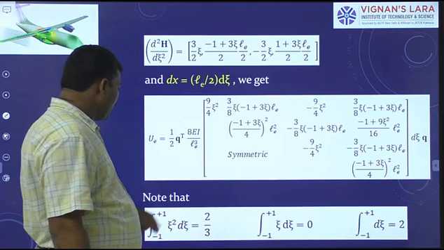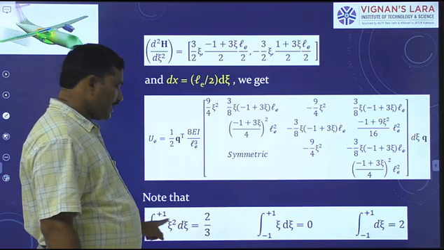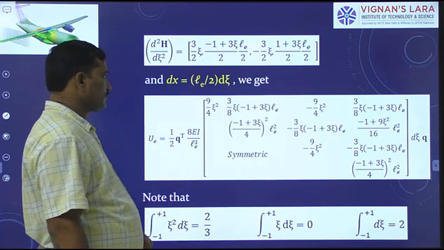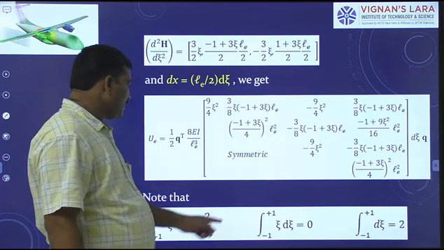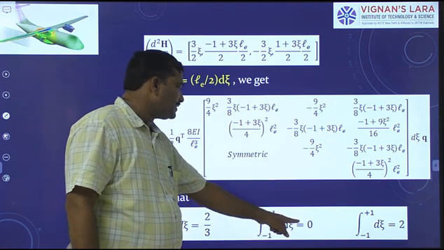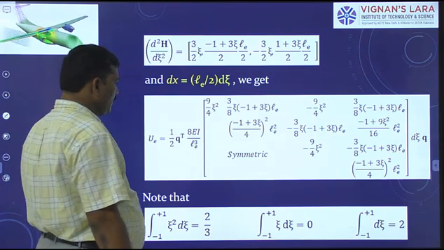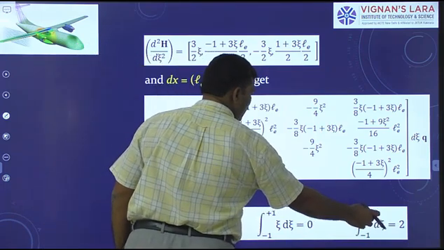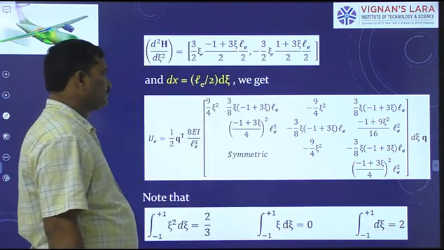Here, the integral of xi square dxi as xi varies from -1 to +1 gives 2 by 3. Next, the integral of xi dxi from -1 to +1 is 0. Next, the integral of dxi from -1 to +1 equals 2.